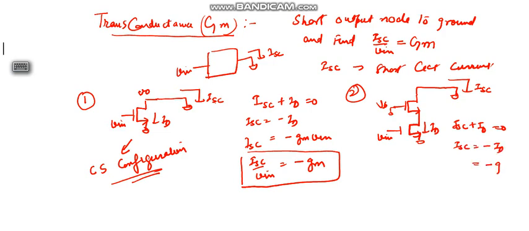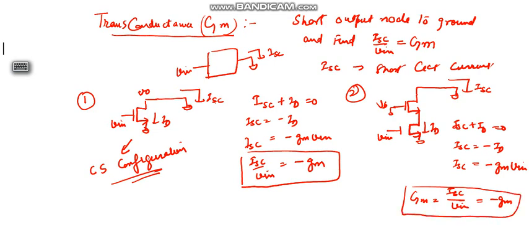Here ID is given by GM V in, so ISC upon V in equals minus GM. So GM for this circuit is minus GM. This is common source configuration but cascoded structure.